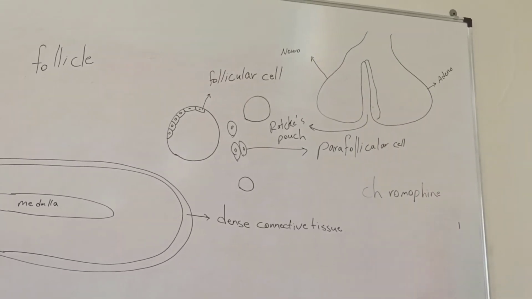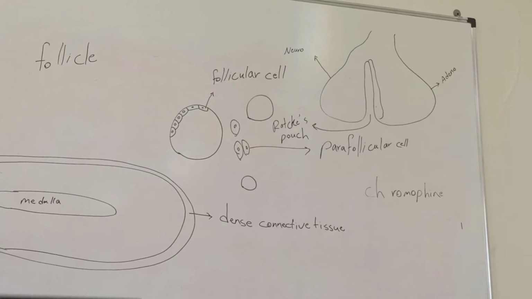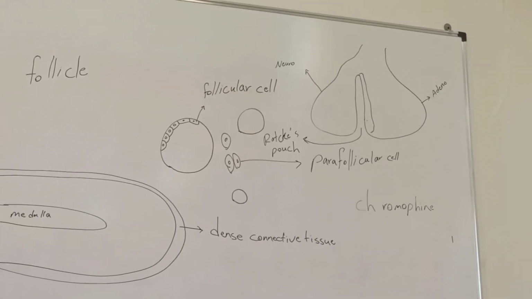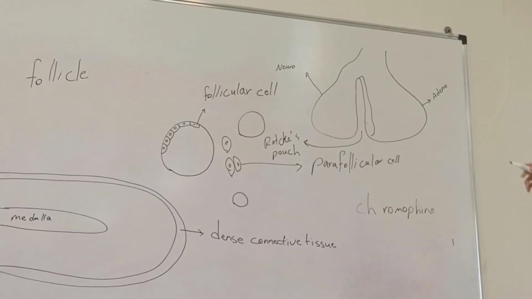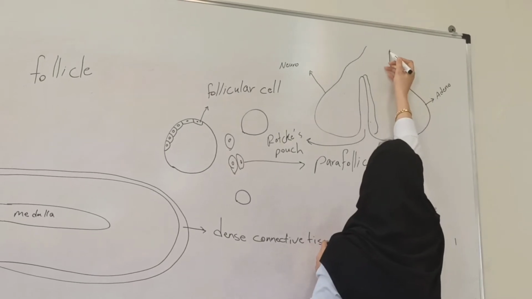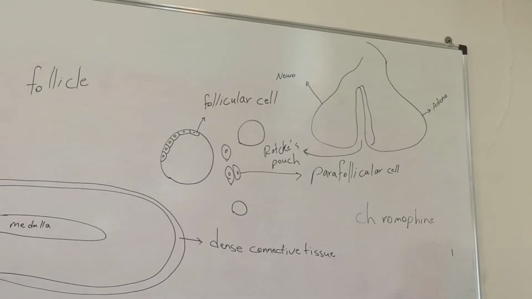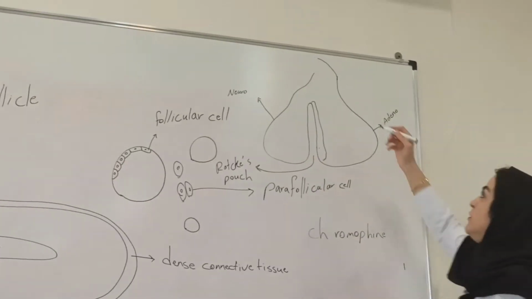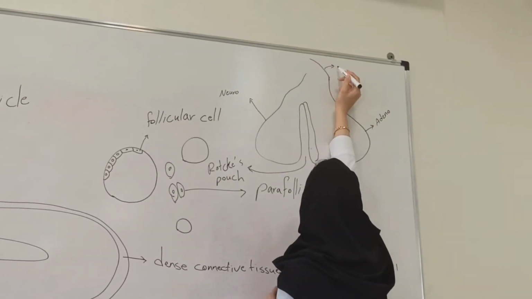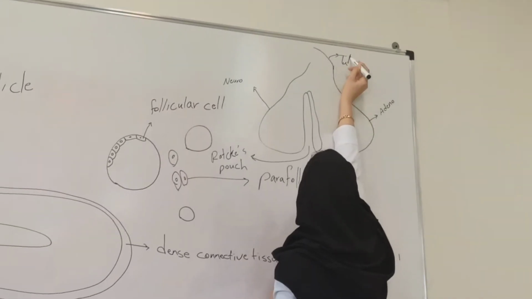And we have another part that most of the time we cannot see in the slides, here it is, the pars tuberalis of adenohypophysis.